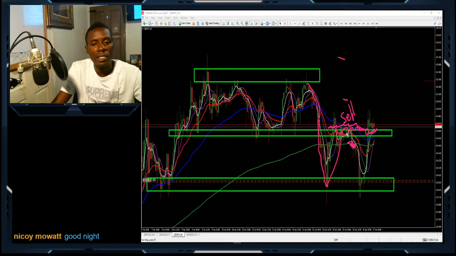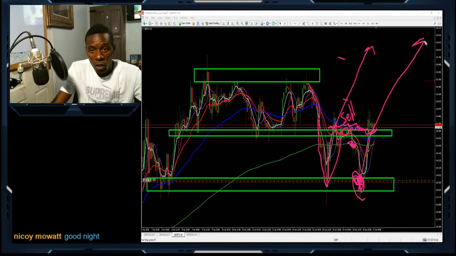So I understand this is sellers' ground, but I was in the buy. I could take profit, but my aim was all the way up. I wasn't looking for, say, 100 pips. I was looking for like 1,000 pips, 500, 600 pips. That's what I'm looking for. So I'm here right now, looking for a couple hundred pips.